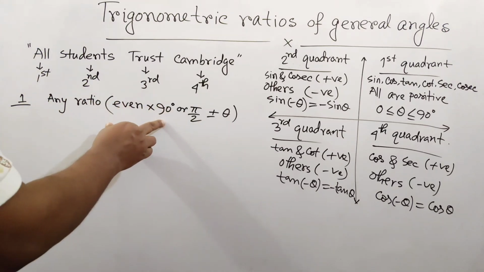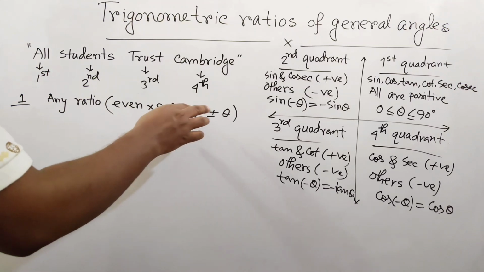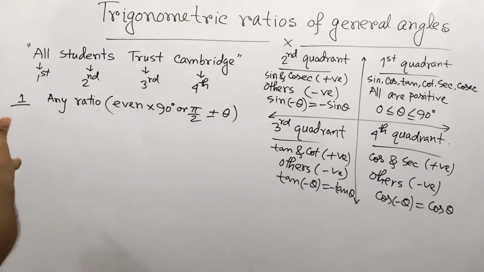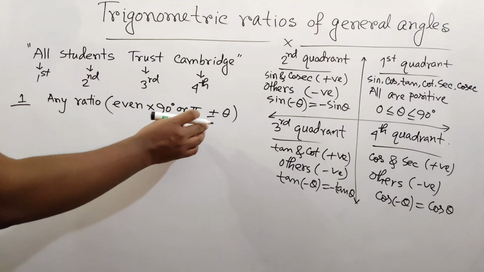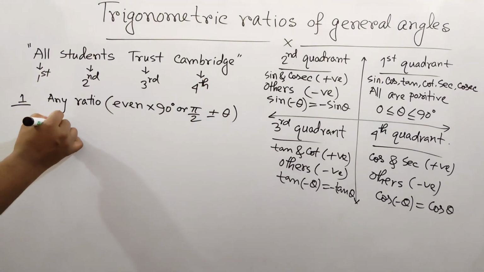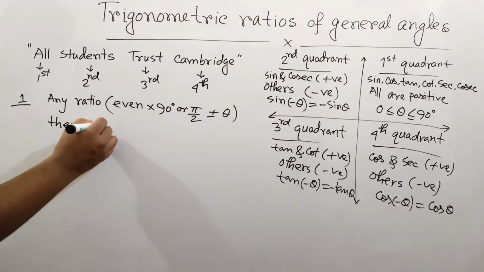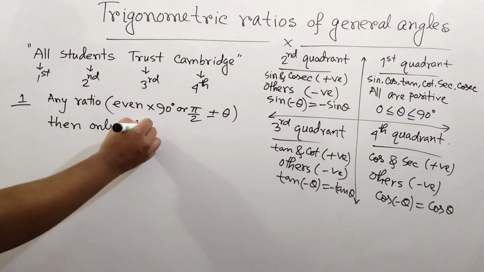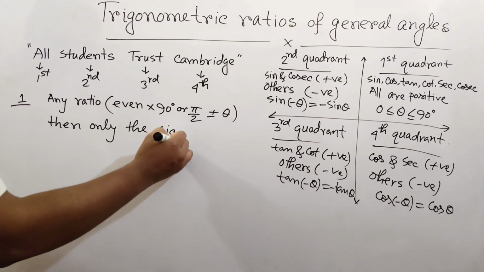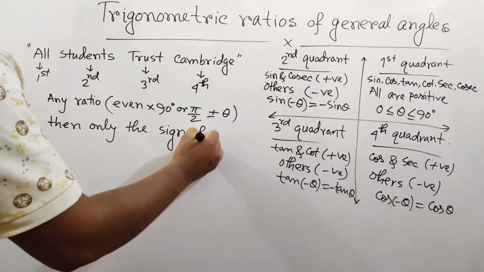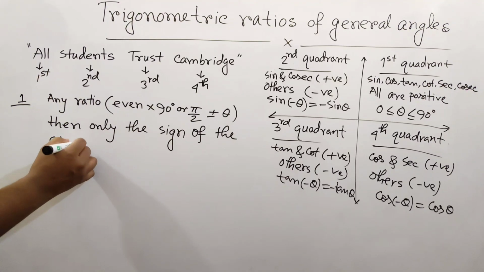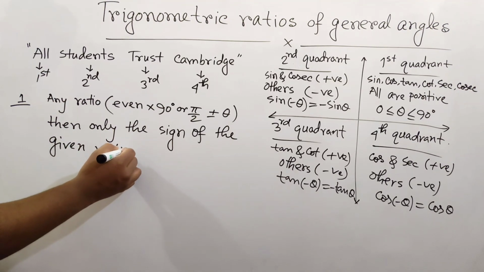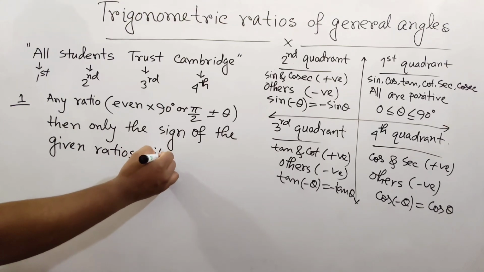It could be 90 degrees, or if the given angle is in radians, it could be pi by 2. So what will happen? If any ratio is of an even multiple of 90 plus or minus theta, then only the sign of the given ratio will be changed.